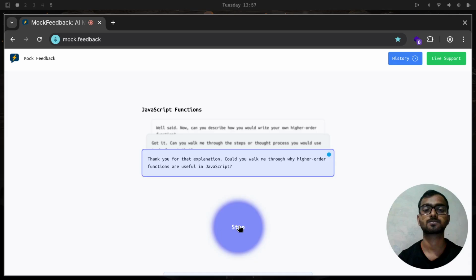Thank you for that explanation. Could you walk me through why higher order functions are useful in JavaScript? So one possible reason I could think of is solving repetitive parts of problems.